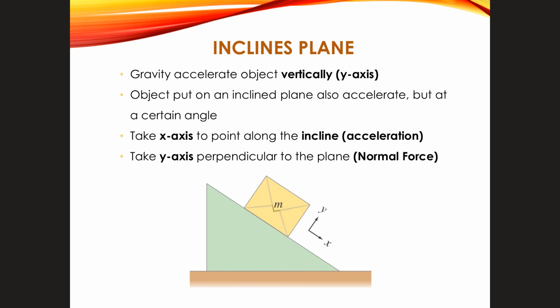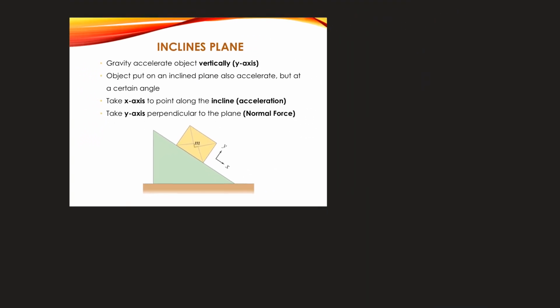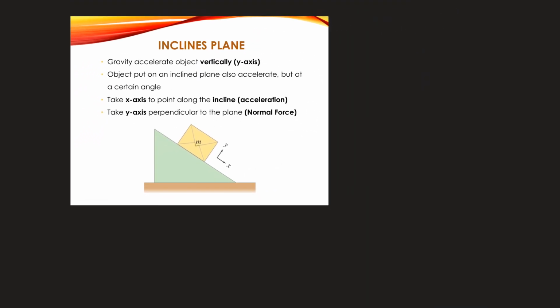Okay, let's move forward to the last part in Newton's law, which is the inclined plane. When it comes to the inclined plane, definitely you need to resolve into components, x component and y component. For example, if you have one inclined plane and one object standing on it, please make sure that you come up with the forces first, the FBD.